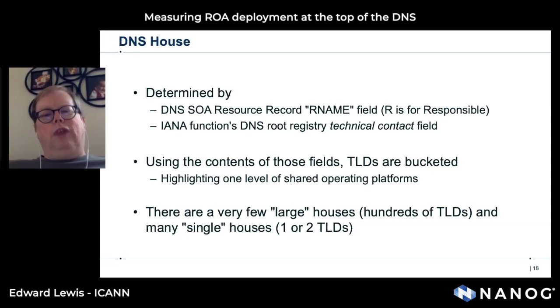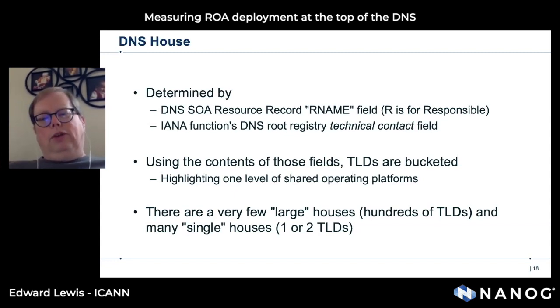And also, there's a technical contact field in a registry for the root zone, managed through the IANA functions website. You can get it through their website or actually online. And I can use those two things together and weave a little web of connections and create buckets of who's cooperating, a bunch of TLDs, or who's running a bunch of TLDs out there.